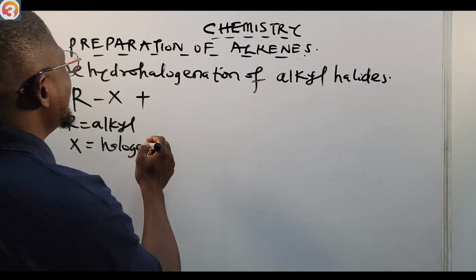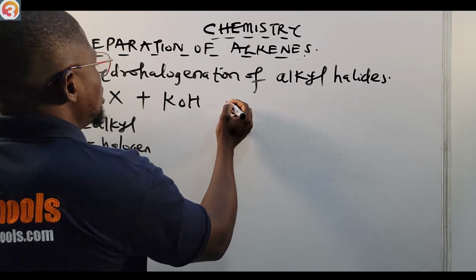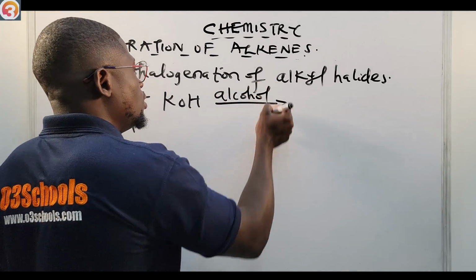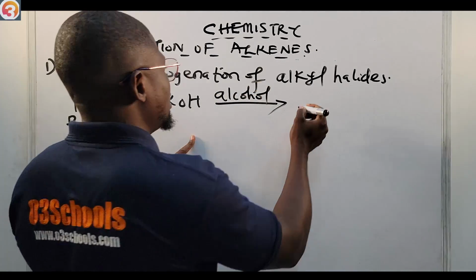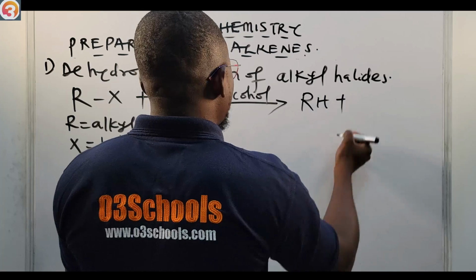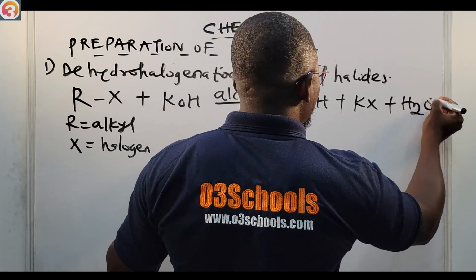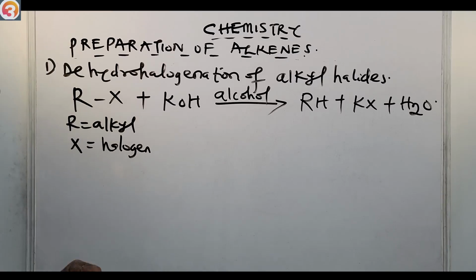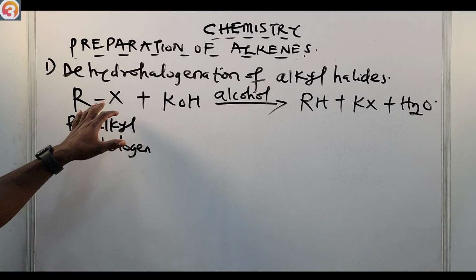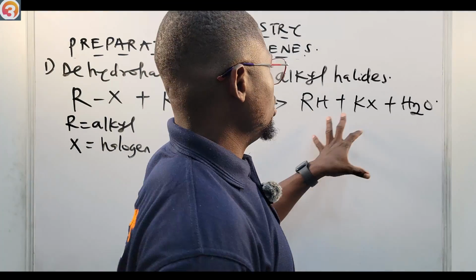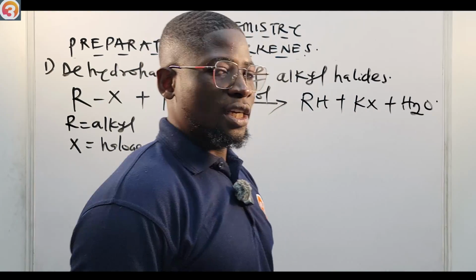So RX plus KOH, in the presence of alcohol, I'm going to have an alkene, plus KX, plus H2O. So this is the general formula for this reaction: RX plus KOH in the presence of alcohol to give us an alkene plus KX plus H2O.